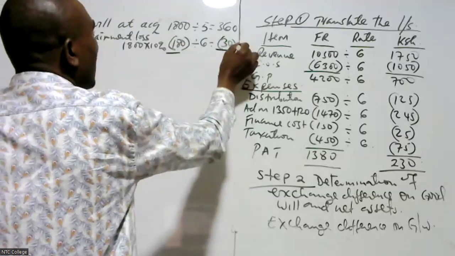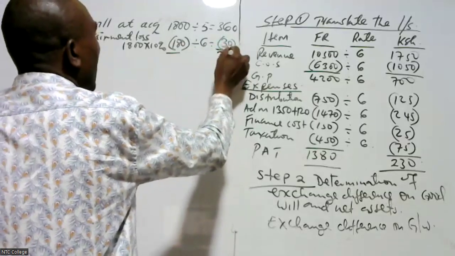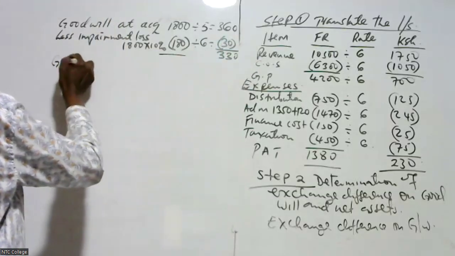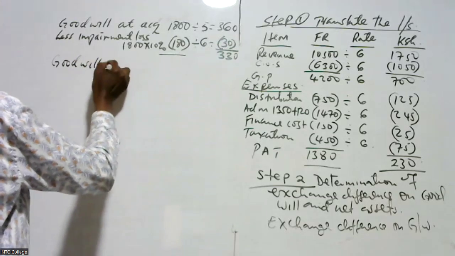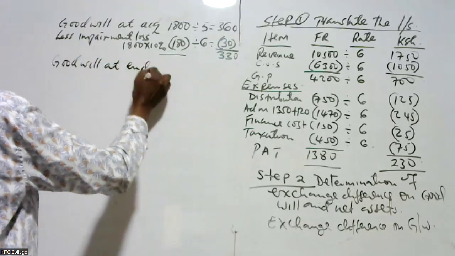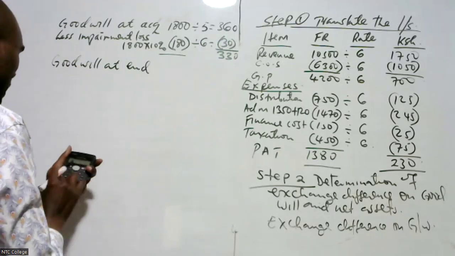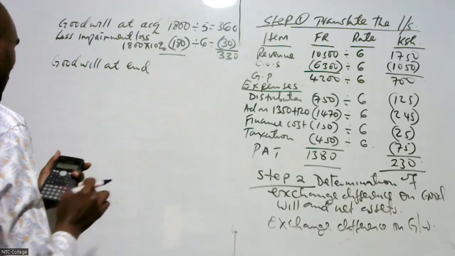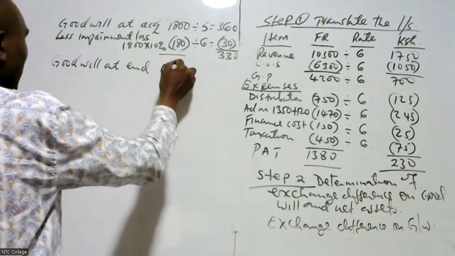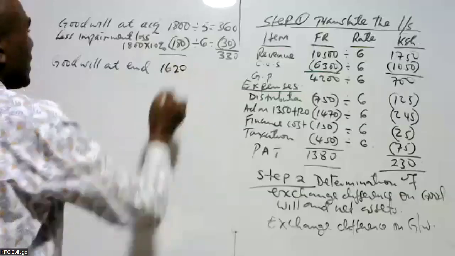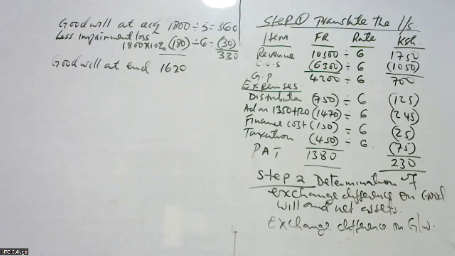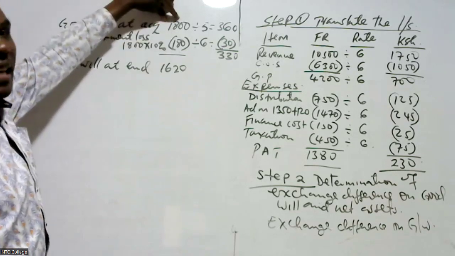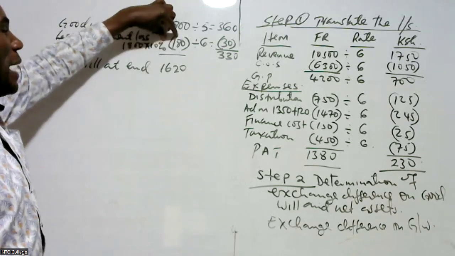Therefore, my goodwill here needs to be 330. But my goodwill at the end is 1800 minus impairment of 180, which gives 1620.